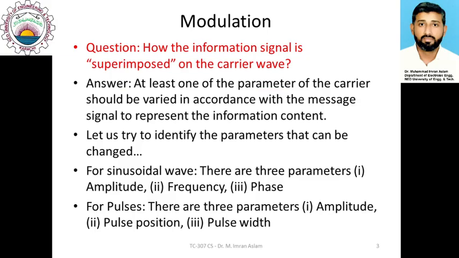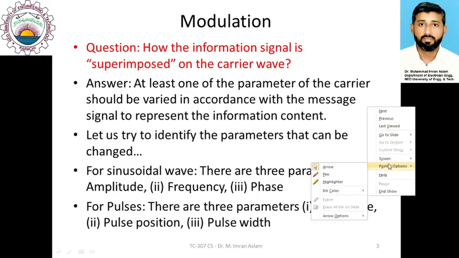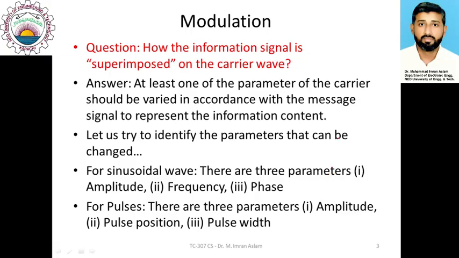So let me try to explain what I mean by changing one of the parameters of the carrier in accordance with the message signal. So let us start by identifying the parameters that we can change. So what are the parameters that can be exploited to represent the information contents? So for sinusoidal wave, that means for continuous wave modulation, there are three parameters that are available.